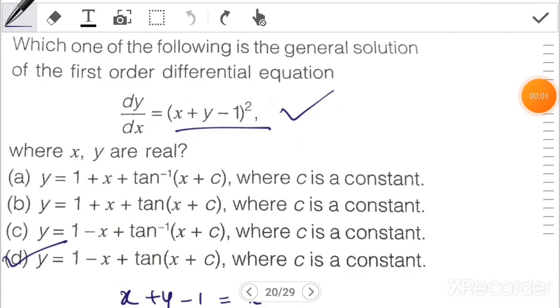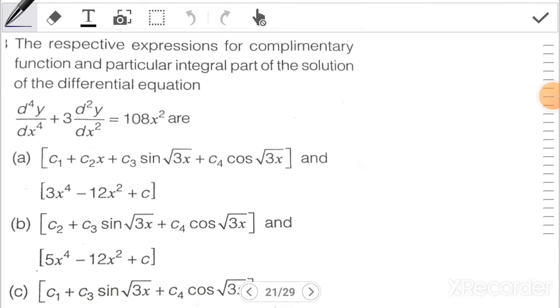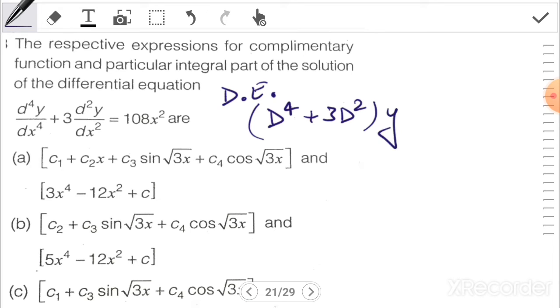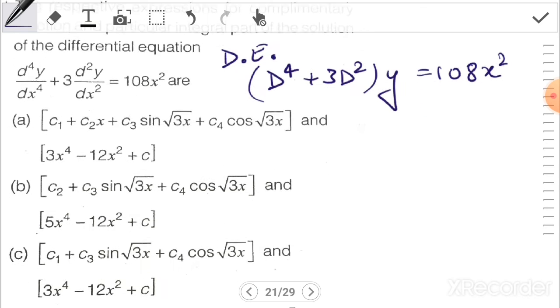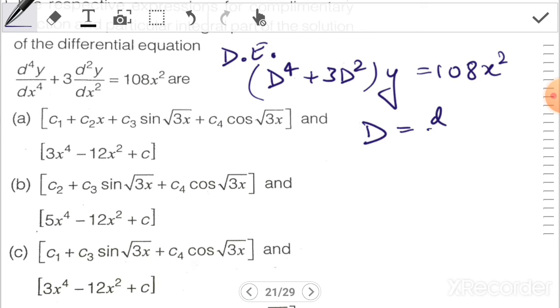Let us see the next question. The respective expressions for complementary function and particular integral part of the solution of the differential equation given by R. The given differential equation is D power 4 plus 3D square y is equal to 108 x square, where D is the operator d by dx.